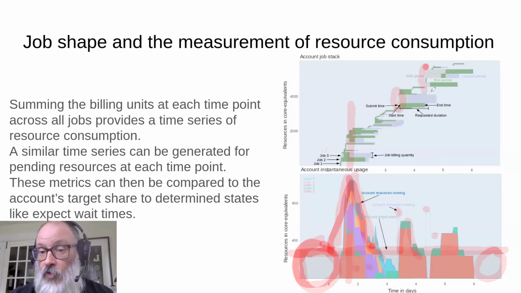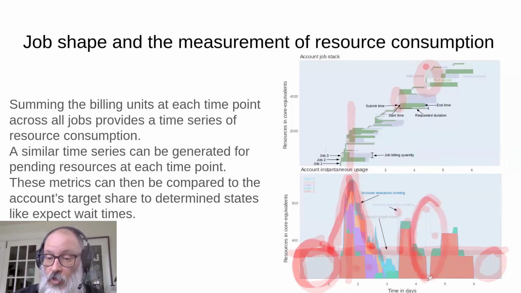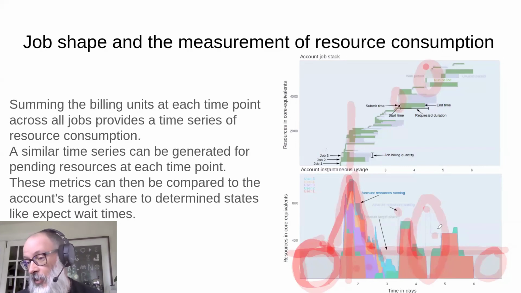So all of this gray here is a bunch of resources that are waiting in the queue. And here, we can see there's a whole bunch of pending resources, way more than the allocation, but nothing is running at that time. And this is where researchers expectedly and understandably get concerned about the ability for them to reach their target share.